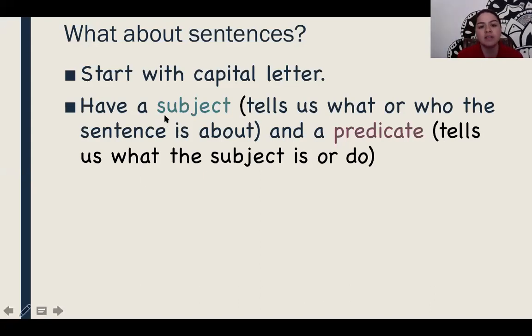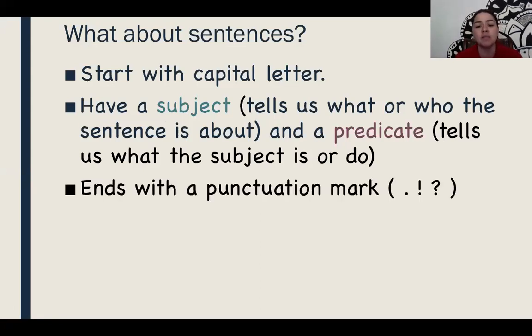The first one is a subject that tells us what or who the sentence is about. And the predicate tells us what the subject is or does. We're going to see later in the example, okay? And last one, it ends with a punctuation mark, which could be just a dot or an exclamation mark.